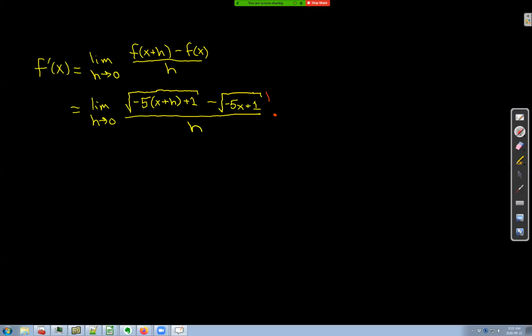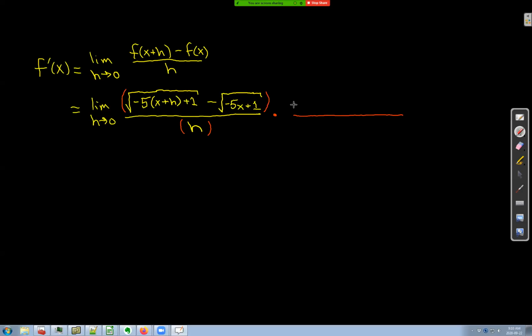Remember that there are always invisible parentheses around the numerator and the denominator of a fraction. Just to emphasize that, so we don't forget about the invisible parentheses, I'm going to make them visible. And what I'm going to do is multiply the top and bottom by the conjugate.